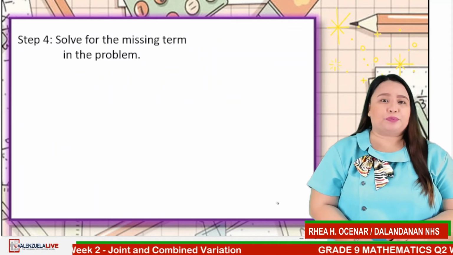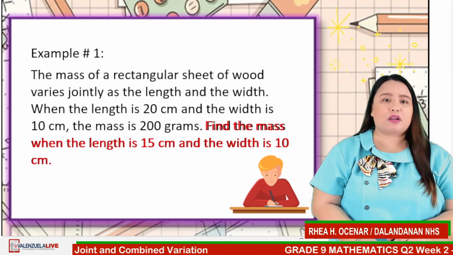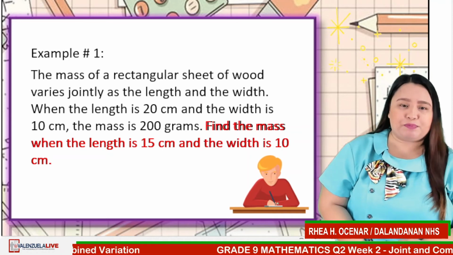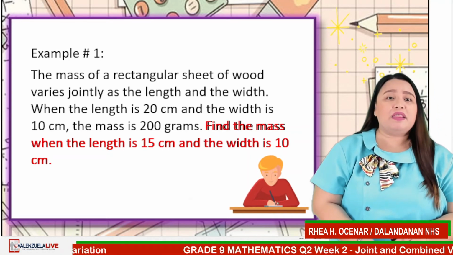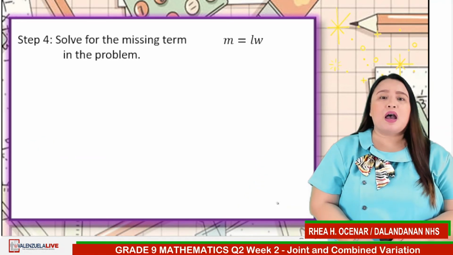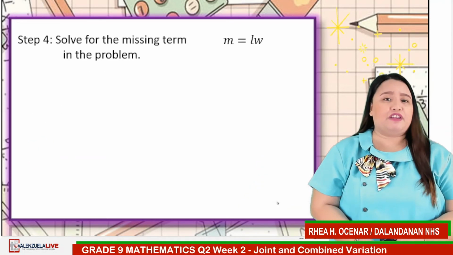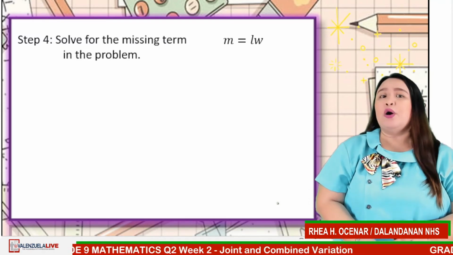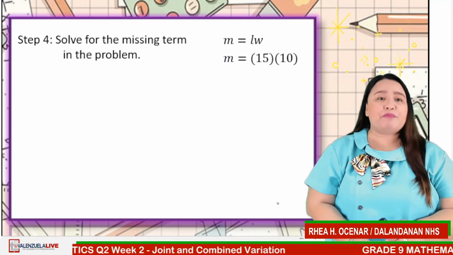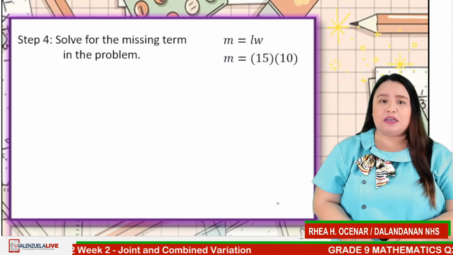Step 4. We need to find the mass when the length is 15 centimeters and the width is 10 centimeters. Substituting the given information to our equation, we have M is equal to 15 times 10.